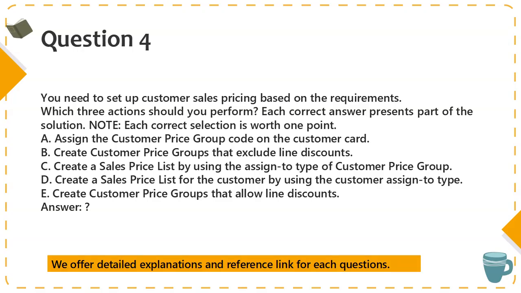B. Create customer price groups that exclude line discounts. C. Create a sales price list by using the Assign to type of customer price group. D. Create a sales price list for the customer by using the customer Assign to type. E. Create customer price groups that allow line discounts.